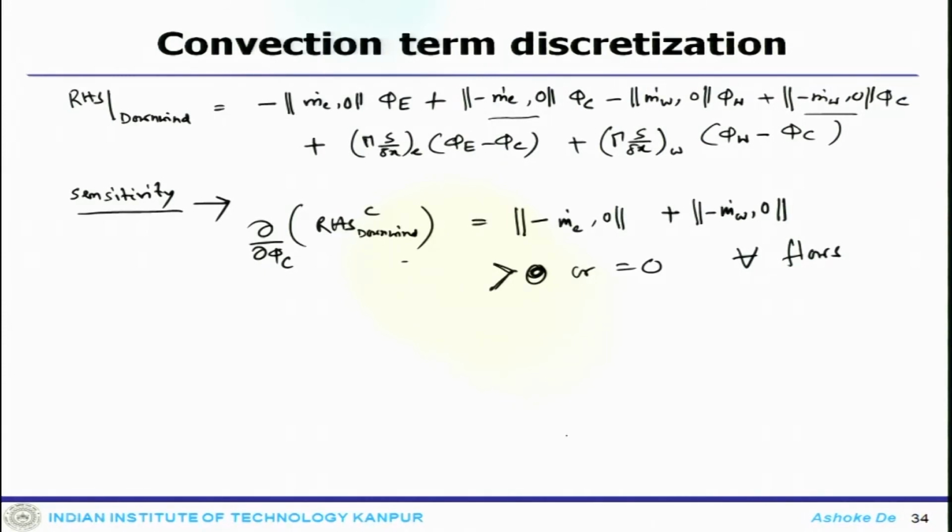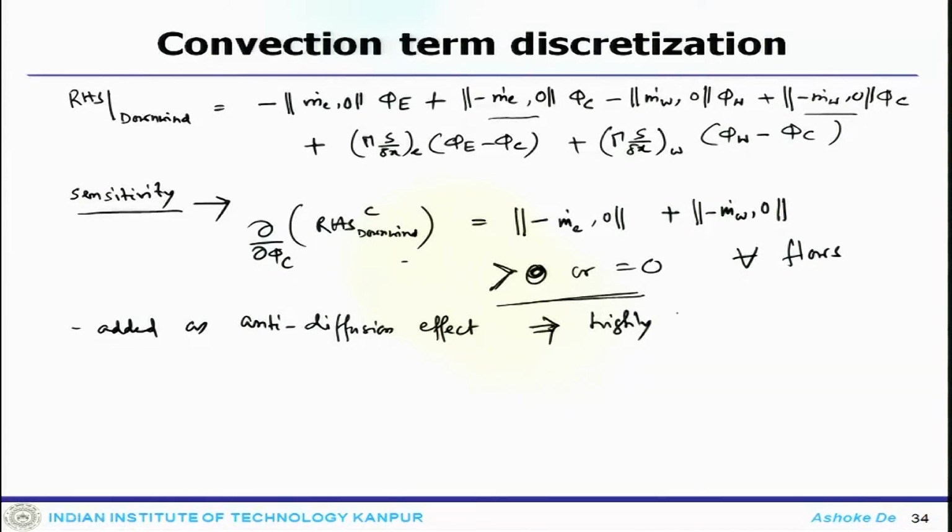When this is added to anti-diffusion effects, as long as it is 0 there is no problem, but when it is positive and added as an anti-diffusion effect, it leads to a highly unstable scheme.